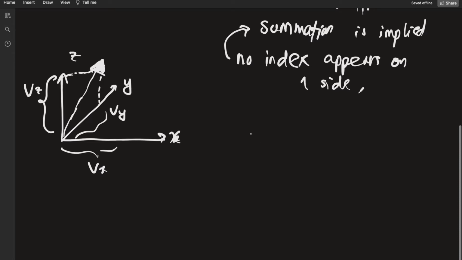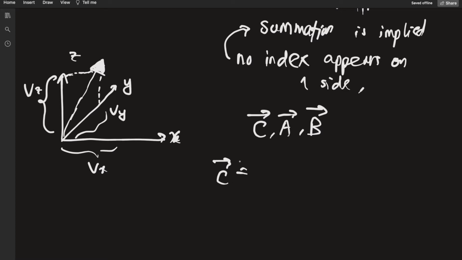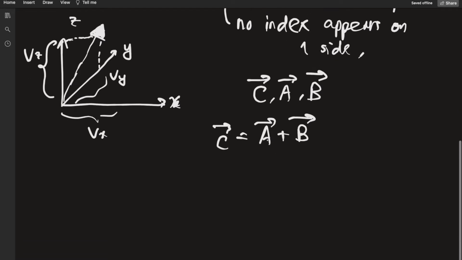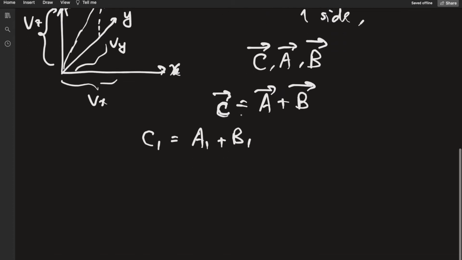And when you're summing two vectors, so assuming you have three vectors such that the vector c is the sum of vectors a and b. And I'm not going to go into the geometric representation of this using the parallelogram theorem or whatever, but it's important to see that C1, the first component of C, is just A1 plus B1, and that's how vector addition works, right?